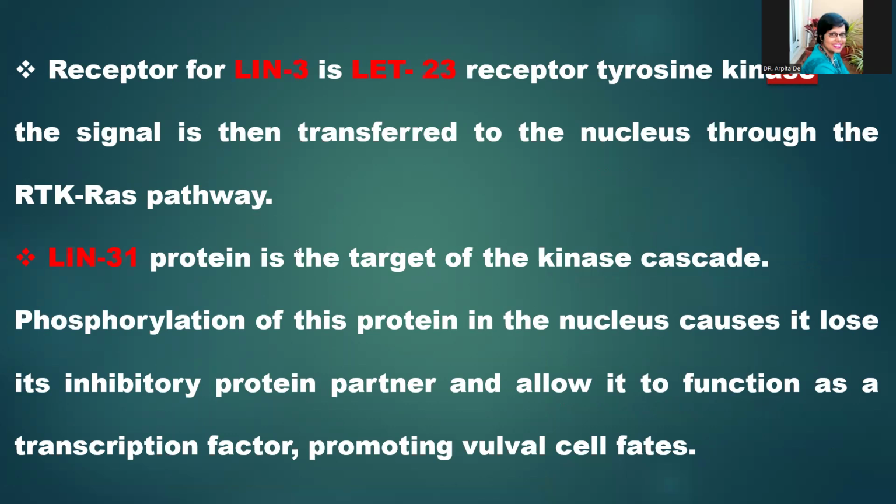So please don't get confused. You should remember the name of the ligand and its corresponding receptor also. So the receptor for Lin-3 is Let-23, a receptor tyrosine kinase. The signal is then transferred to the nucleus through the RTK-RAS pathway. Clear? Lin-31 protein is the target of the kinase cascade. Phosphorylation of this protein in the nucleus causes it to lose its inhibitory protein partner and allows it to function as a transcription factor promoting cell fates.